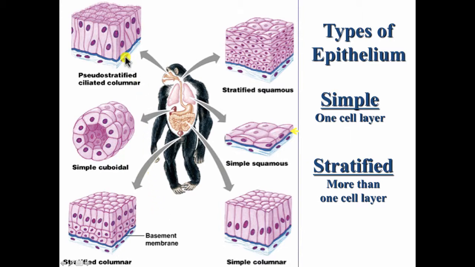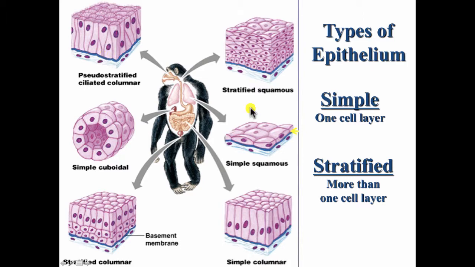A pseudostratified epithelium appears stratified because the nuclei sit at different layers in the epithelium, but all of these cells touch the basal lamina. They all sit on the basal lamina.